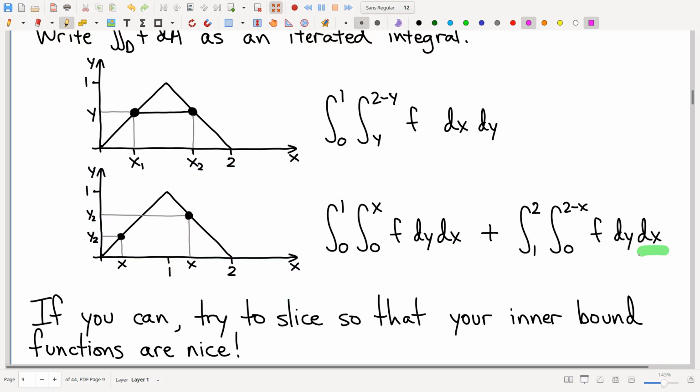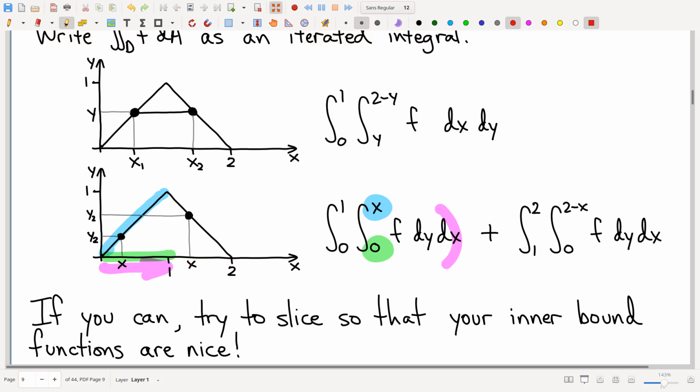And this is what the result will be. We will look first at x going from 0 to 1. For those values of x, my lower bound for y comes from that curve, and my upper bound for y comes from that curve. All's well and good.